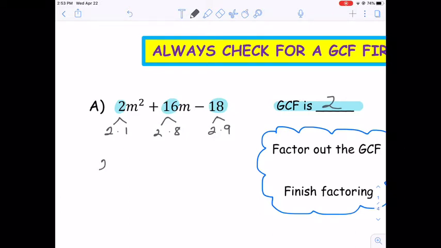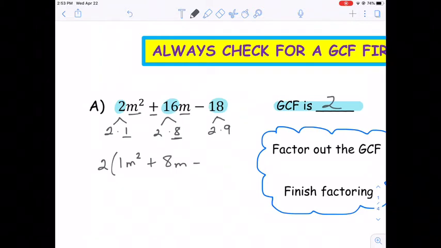So the 2 comes on the outside of the parentheses, and then I'm left with 1 m squared plus 8m minus 9, because the 2 was brought out from every term.